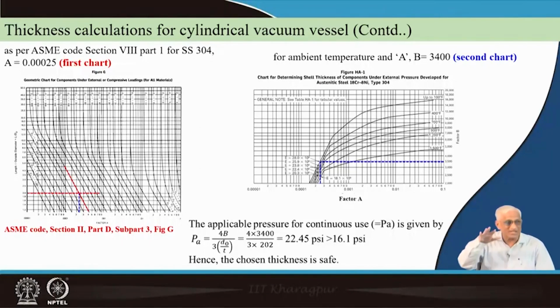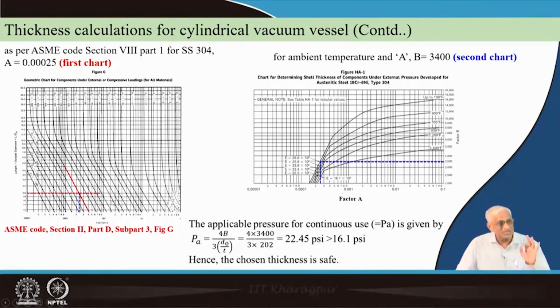Don't get into details of the ASME code. We have to get a dimensionless factor A depending on our L by d naught on various d naught by t curves. That is all the first curve, and these are available in ASME code. It is also available in Wikipedia. You can take from there.